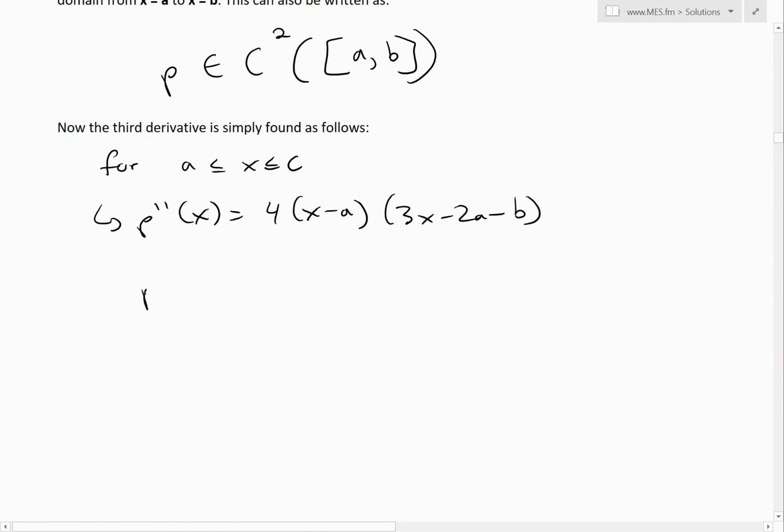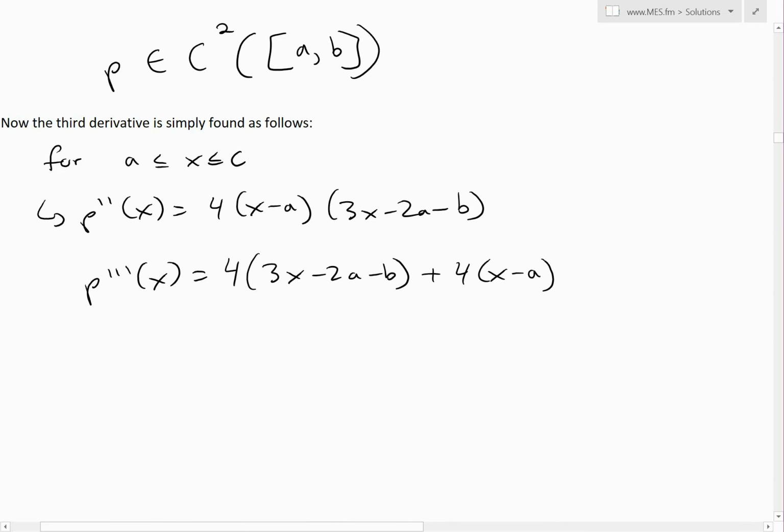So now the third derivative is going to be equal to, using the product rule again, this is just 4, derivative of (x minus a) is 1, then (3x minus 2a minus b), and then plus 4(x minus a), and then derivative of this, that's just going to be times by 3. Or I'll just take this out, that's just going to be, well, 3, that's just 12. Put the 12 in front.